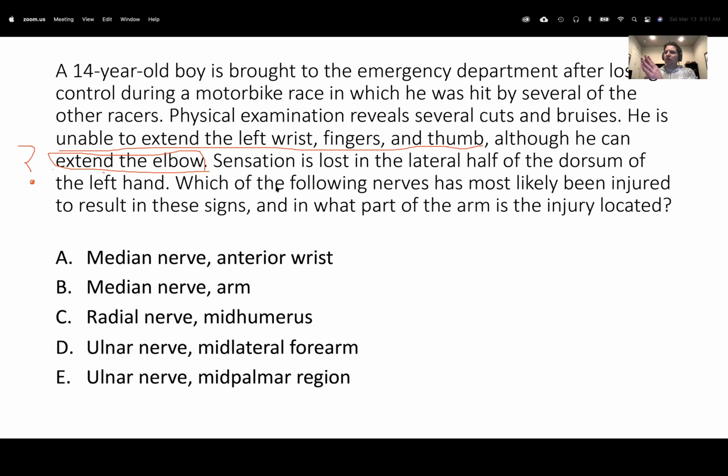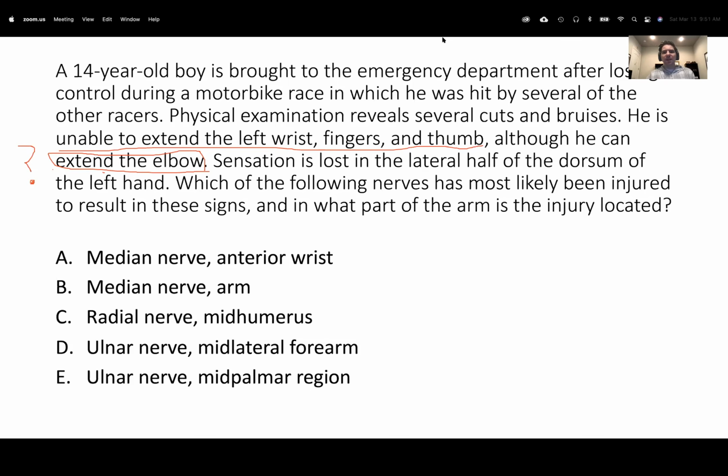That's going to be difficult on the exam. You want to find all the way until you locate the most proximal area on the arm to where everything is injured, and then you find something that's intact. So practically you can do it like this: unable to extend the left wrist, fingers, and thumb. So you know the radial nerve's affected down here, but he can extend the elbow.